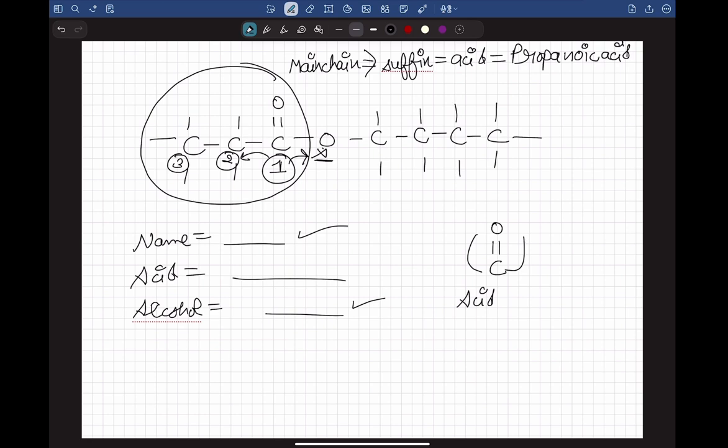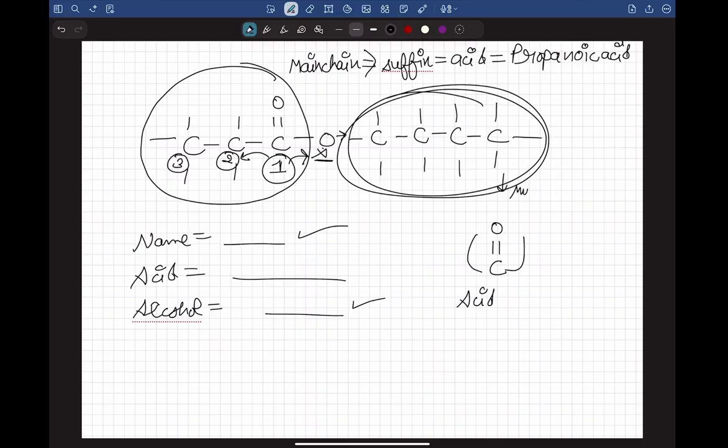Then what about the other one, which is present on the other side of the single bonded oxygen? Then this must be alcohol, no? Because the acid you have identified already. The remaining part must be alcohol because only these two combined. So 4 carbons, we can call this butanol.